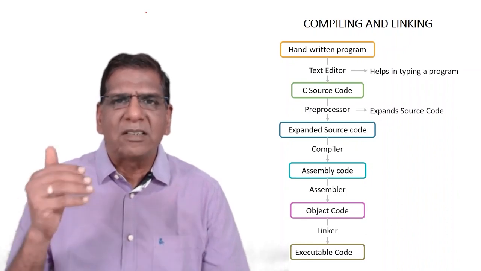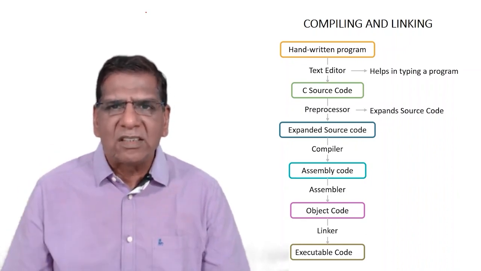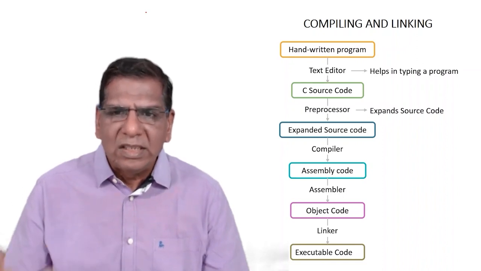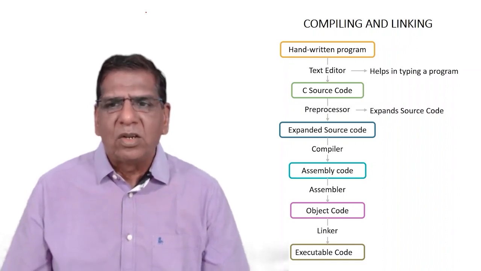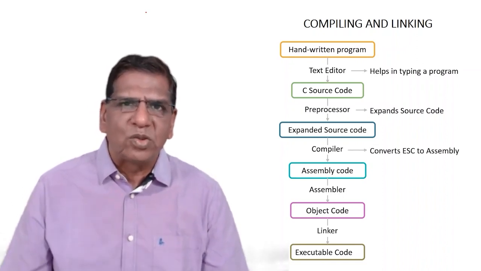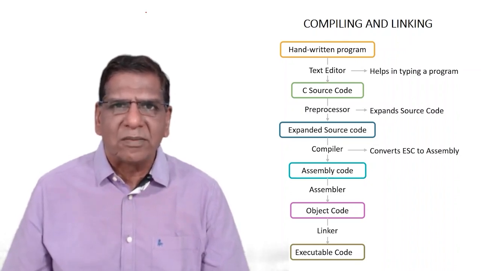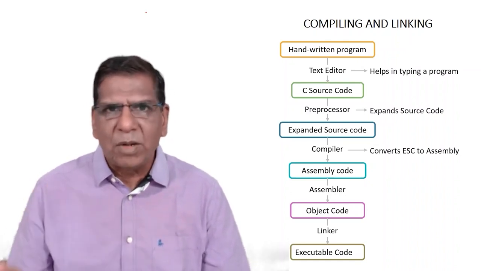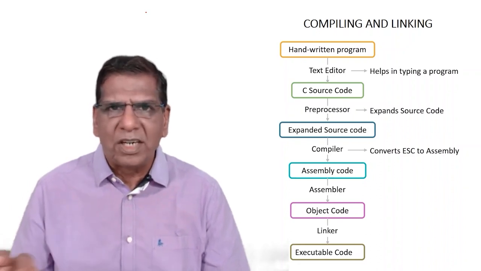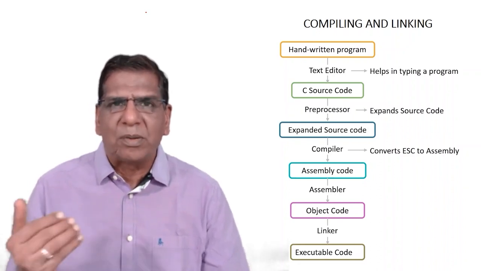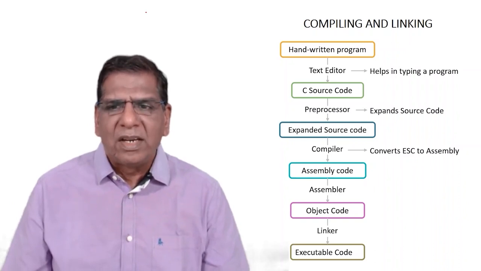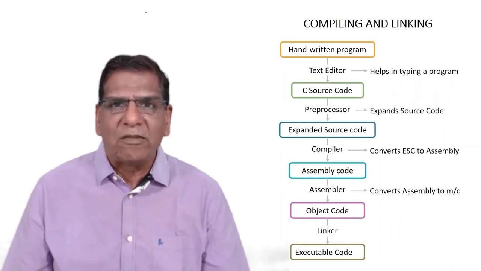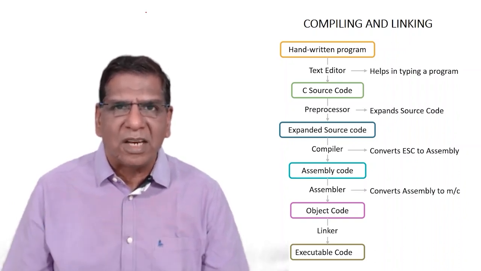It expands upon the source code and generates the expanded source code. This is handed over to the compiler. Its job is to convert the expanded source code into assembly language instructions. These are human readable instructions. But when you submit this to the assembler, it generates what? Machine language code. Object code is always in machine language.